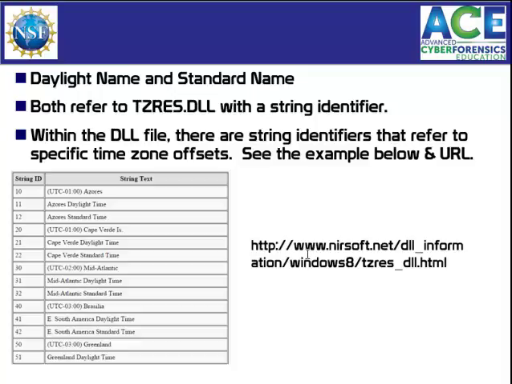So as we look inside this particular reference here for the string text, we see a series of string IDs. Here you see 10 for the Azores, 11 for Azores Daylight Time, 12 for Azores Standard Time, and so on. And these string values identify which offset we're currently looking at.